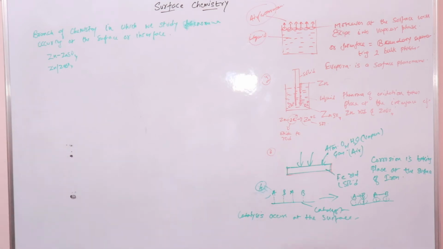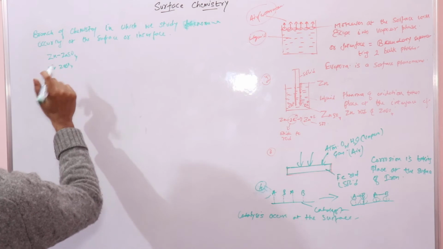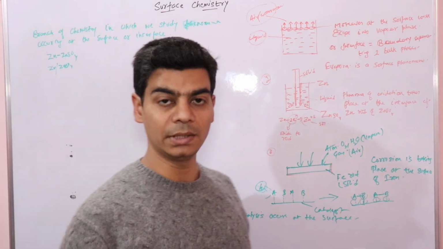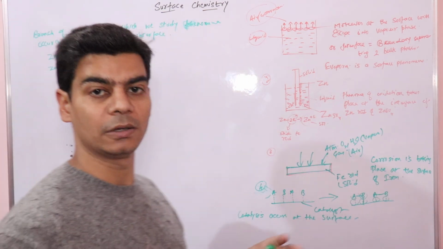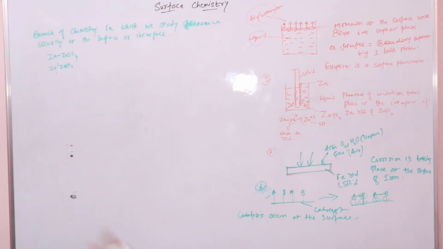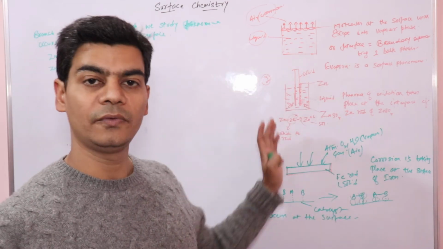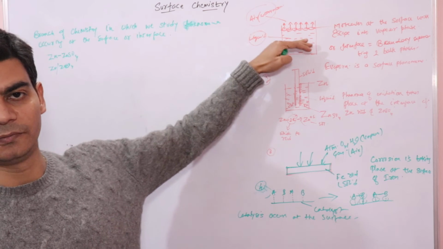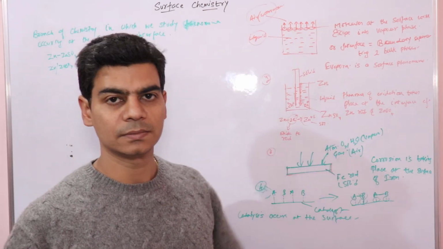So a hyphen or a slash is used to represent the interface separating the two bulk phases. So in surface chemistry we would be studying those phenomena that occur at the surface or at the interface separating the two bulk phases.